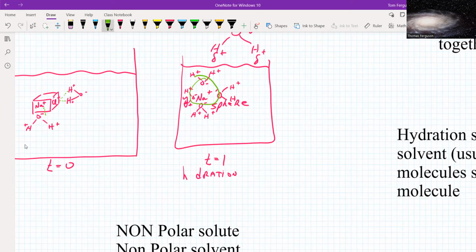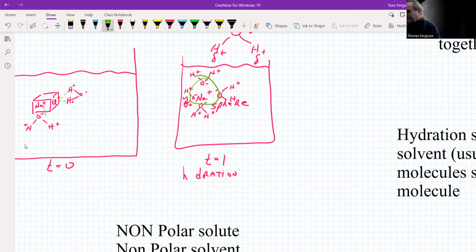The secondary hydration sphere would be another layer of water molecules around the primary one. And then the tertiary one would be another layer yet around. The main thing I want you to know in this class is just what a hydration sphere is. It is what is pulling that sodium ion out, and it's what's pulling the chloride ion out.